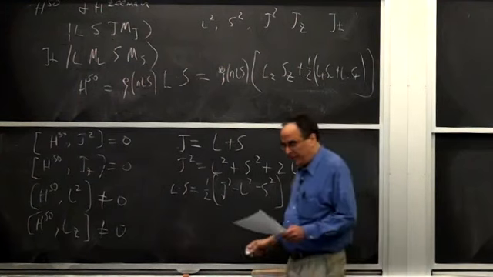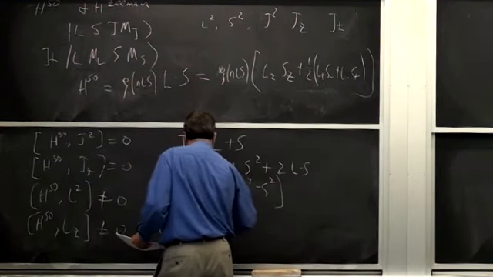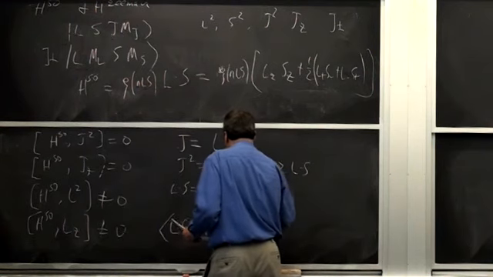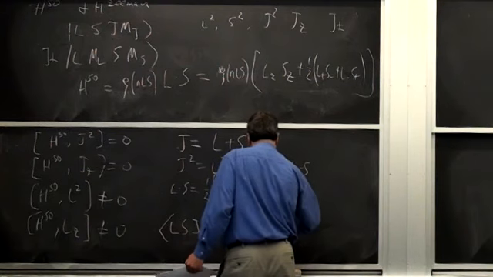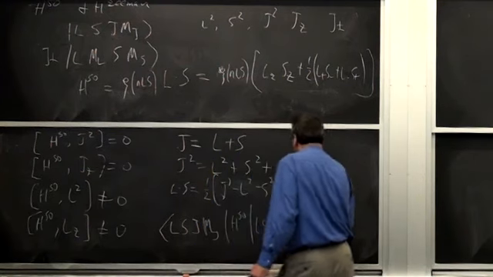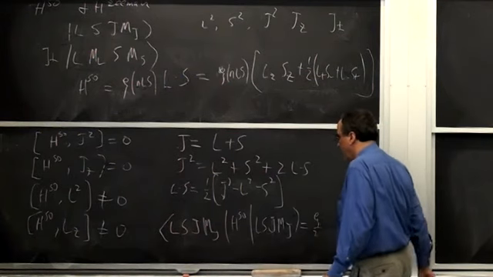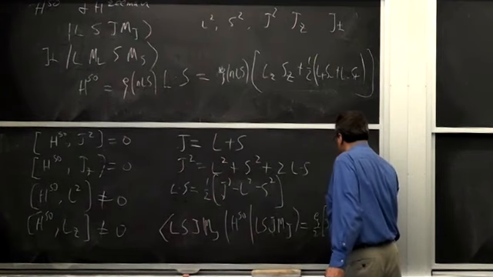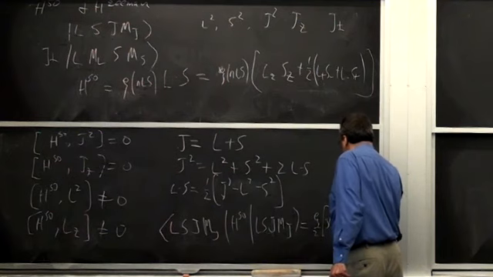And we get that the matrix element of the spin orbit Hamiltonian between LS J MJ and LS J MJ is going to be equal to zeta over 2 times J(J+1) minus L(L+1) minus S(S+1).